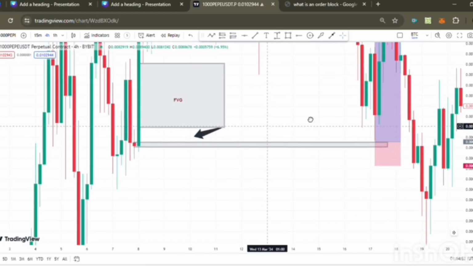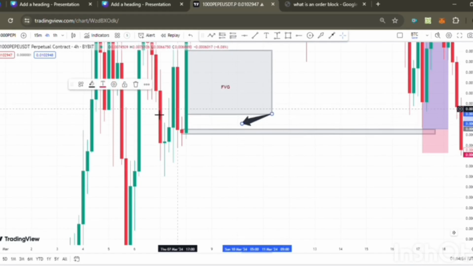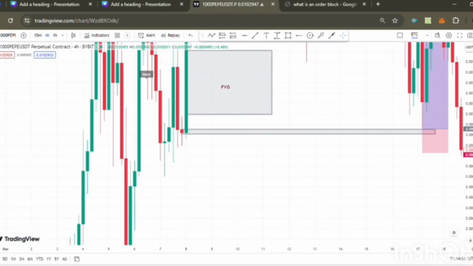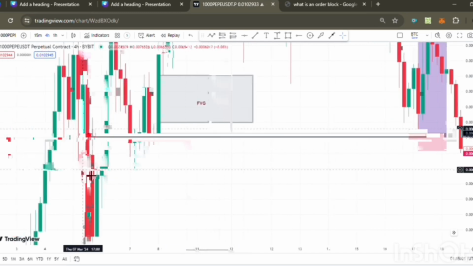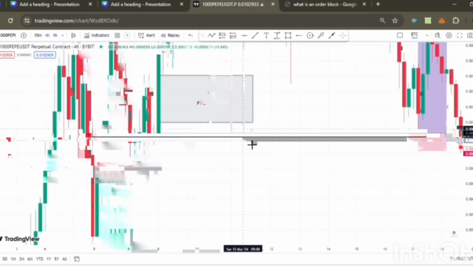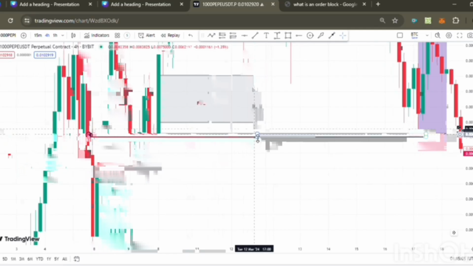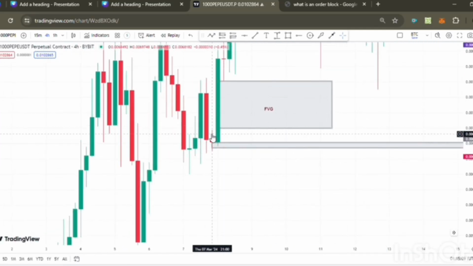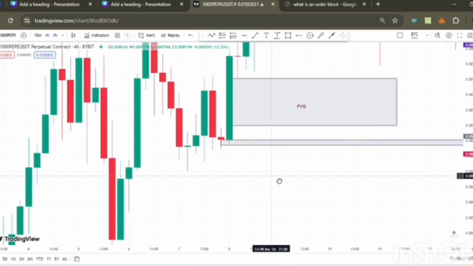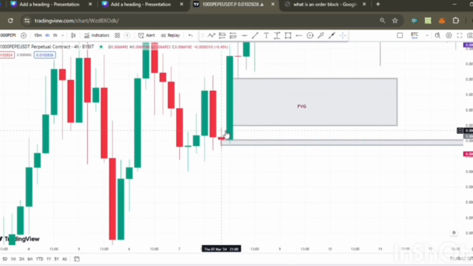This entry offers a high possibility of your order triggering, but there is a huge risk. You know why? The weak entry means that you're entering the market at the top wick of the candle, the high wick of the red candle.